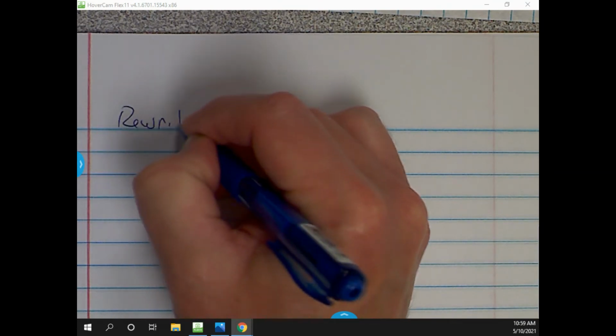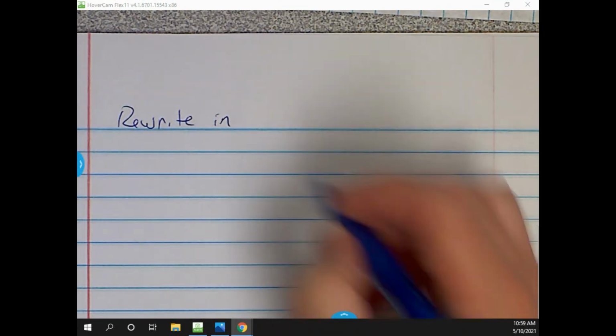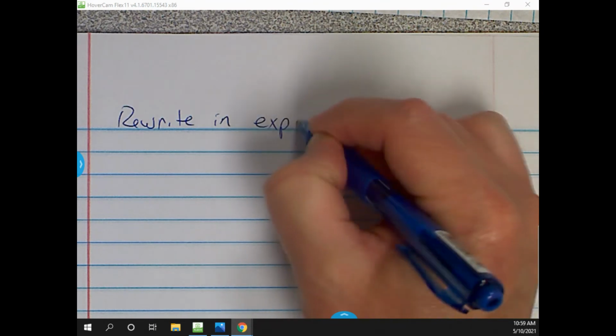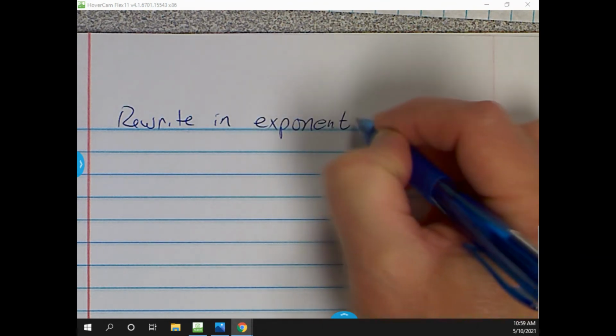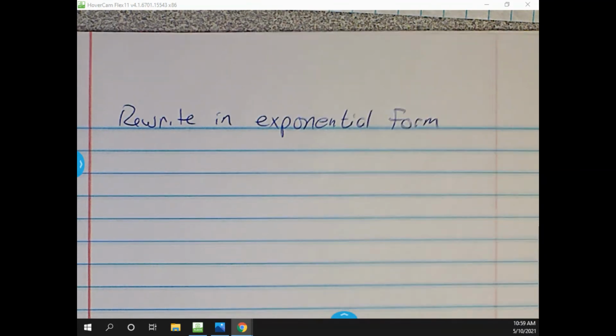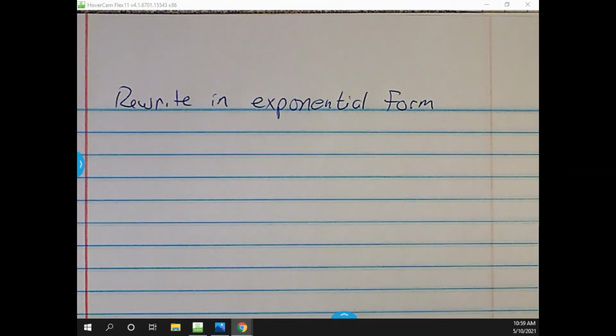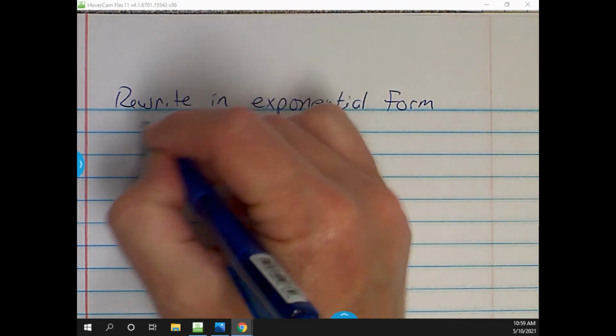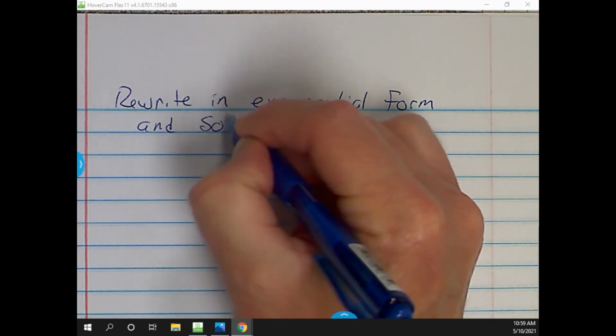Okay, so for these, we're going to rewrite in exponential form. And some of these, after you rewrite in exponential form, they're going to ask you to rewrite in exponential form and then solve.